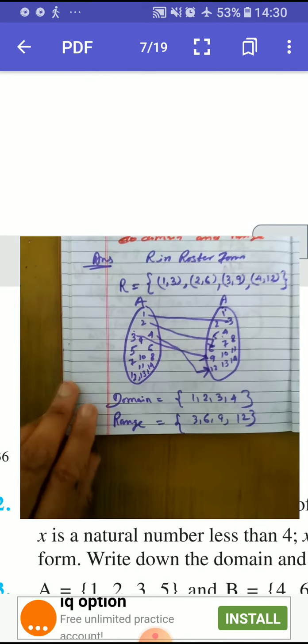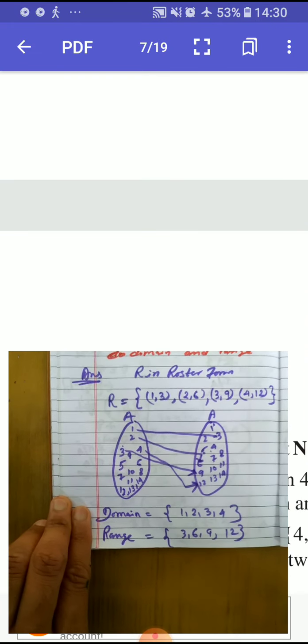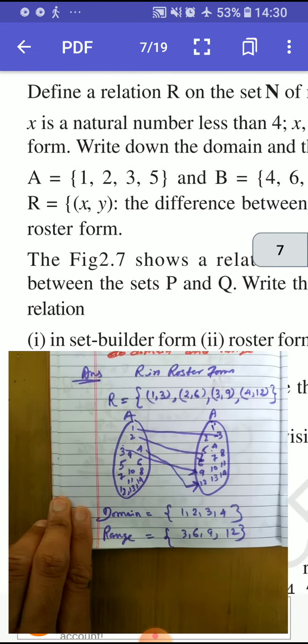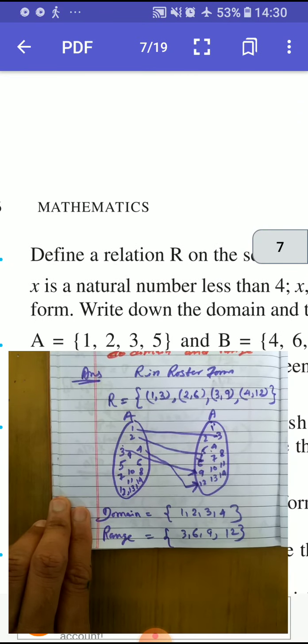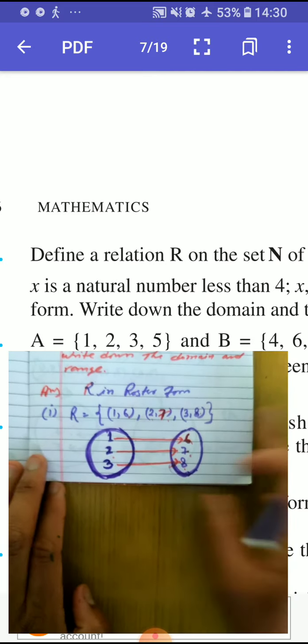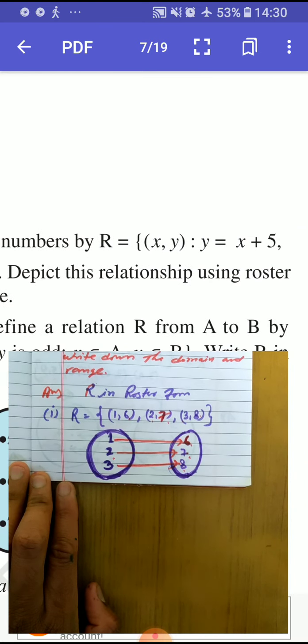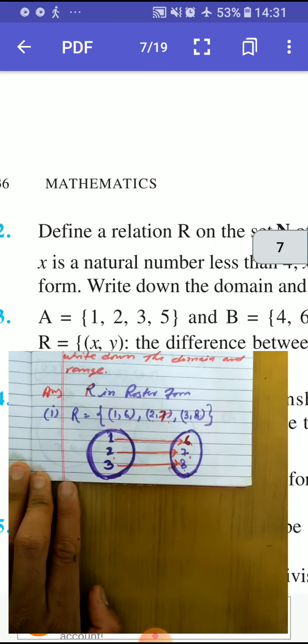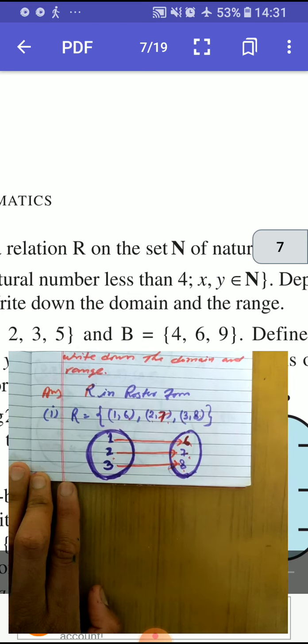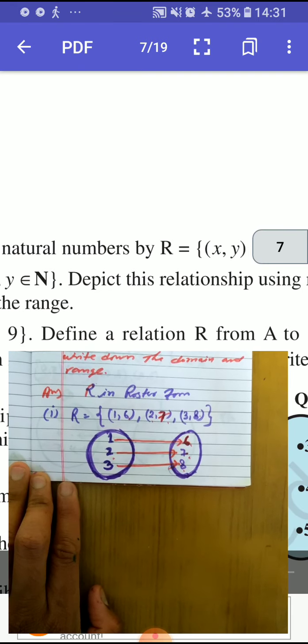Now come to the question number second. In the second question, define a relation R on the set of natural numbers by R equal to {(x, y) such that y equal to x plus 5}, meaning the range is 5 more than its domain, where x is a natural number less than 4; x, y belong to natural numbers.